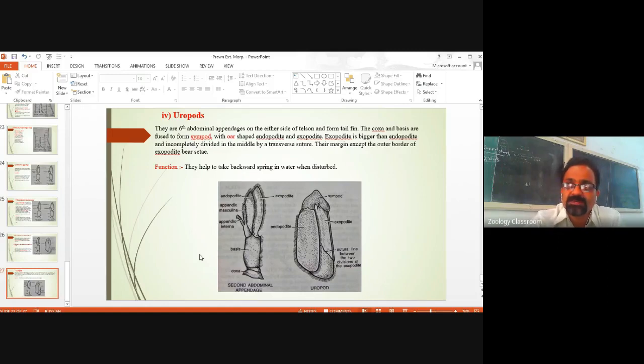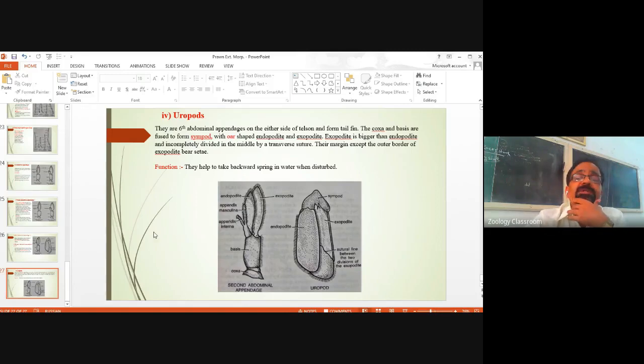So it exhibits two modes of locomotion: one is swimming and another is walking. So walking legs as well as the pleopods and uropods are present. So this is what we have discussed regarding the different types of appendages present in the prawn.